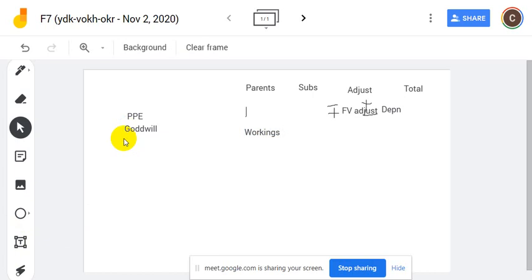Then whatever other assets are given in the question will be added there. Then we'll close and get our total non-current assets.